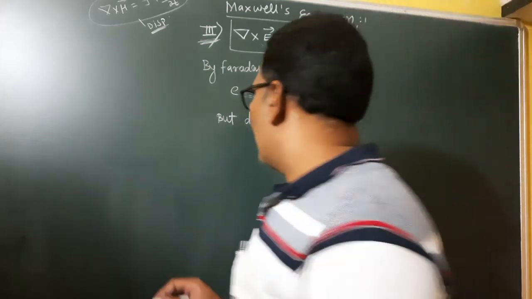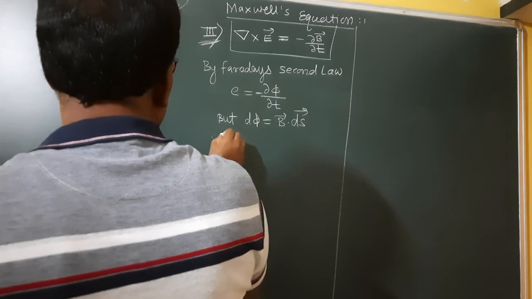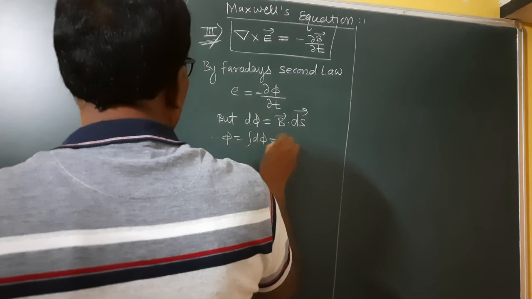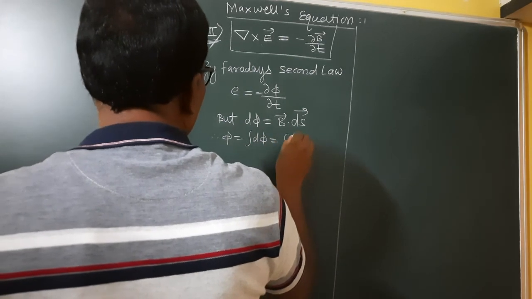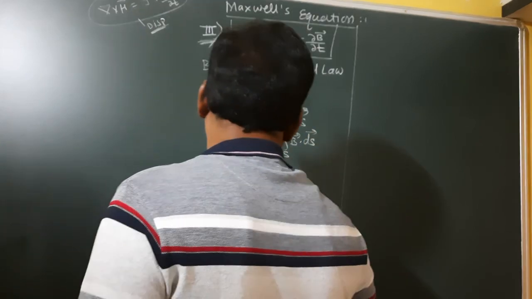And then integrating, phi is equal to the integration of d phi, and that is equal to the integration over the surface S of B bar dot dS bar. This is the magnetic flux.